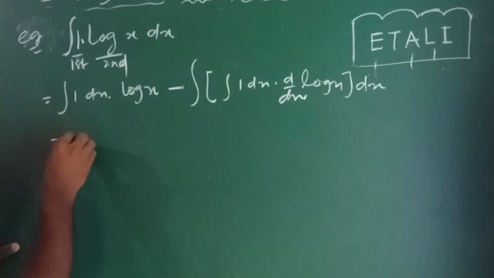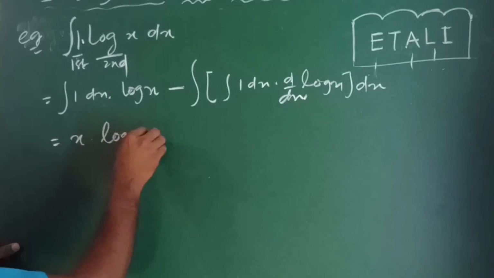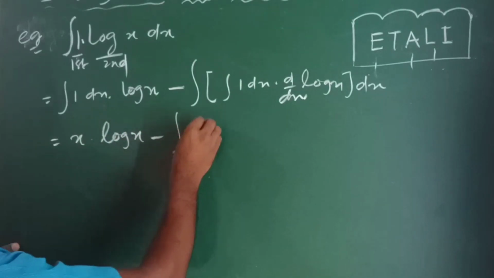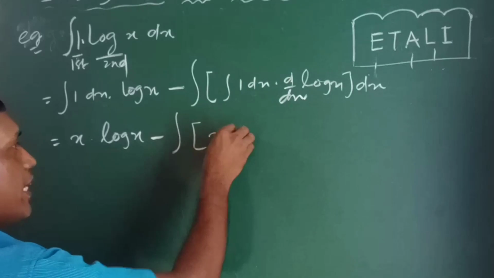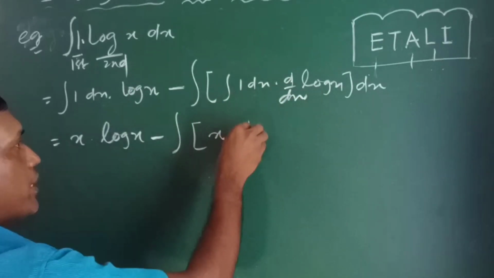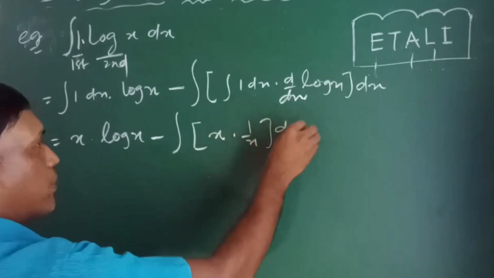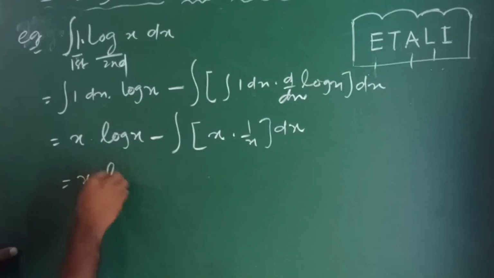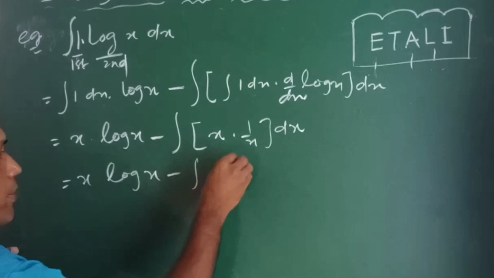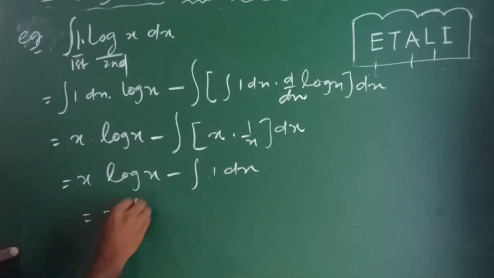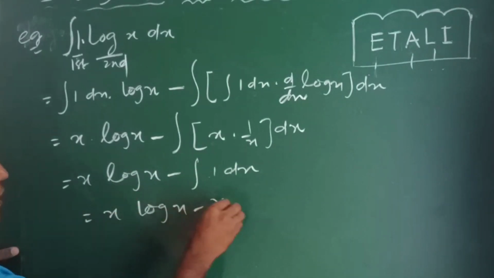Integration of 1 means dx, which is x. So it is x into log x minus integration of x into the derivative of log x, which is 1 by x, with respect to x. That is x into log x minus integration of 1 dx, so x into log x minus x plus c.